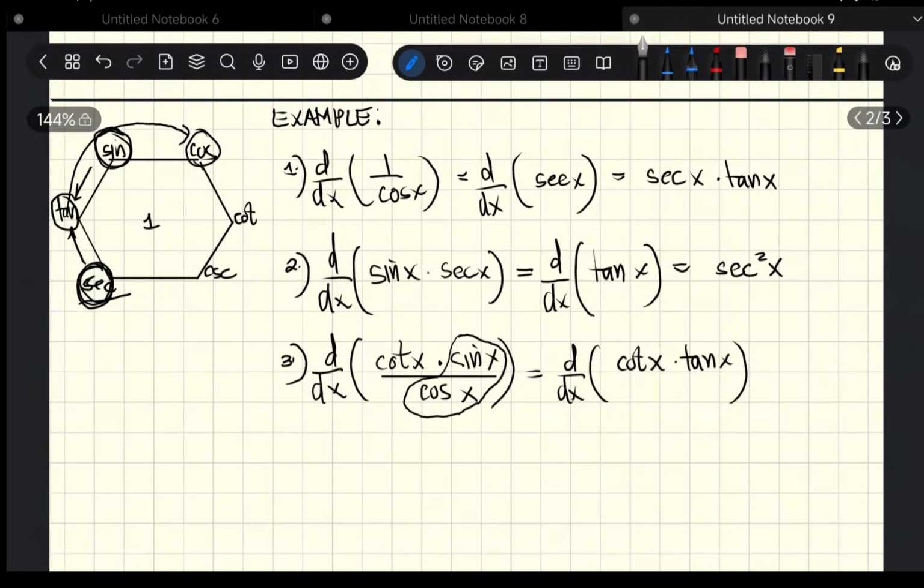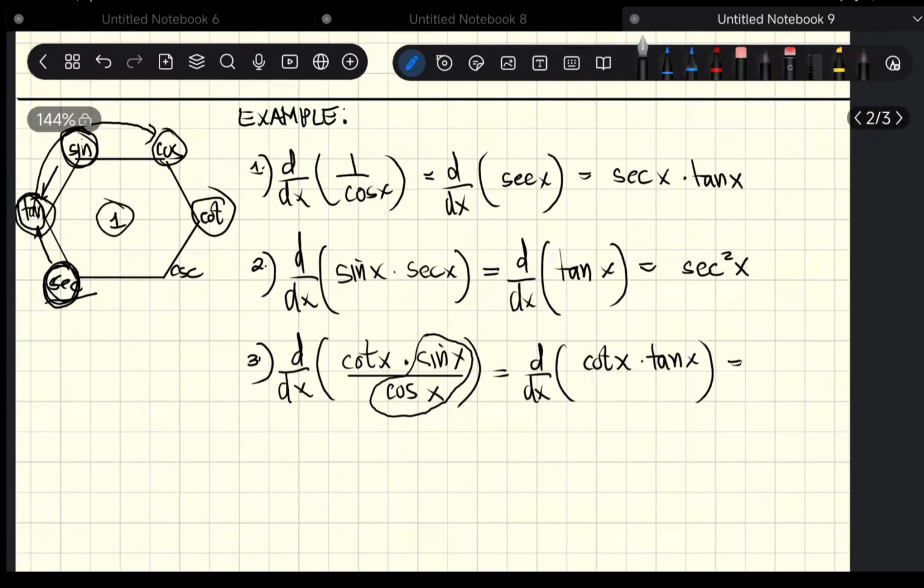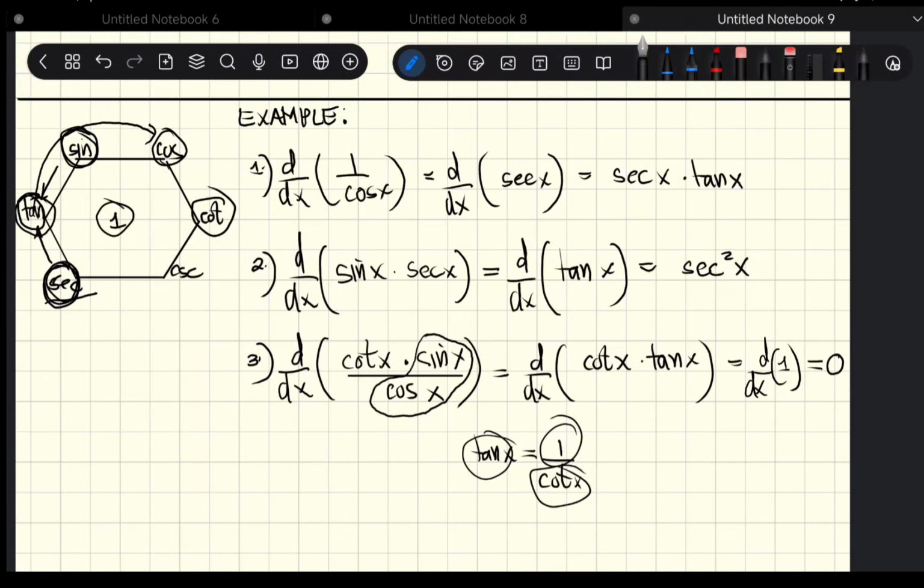And since cotangent and tan are multiplied, we're going to have 1. You can prove that by using tan x equal to 1 all over cot x. If you multiply tan and cot, we're going to have 1. So that is d over dx of 1. So that is 0.